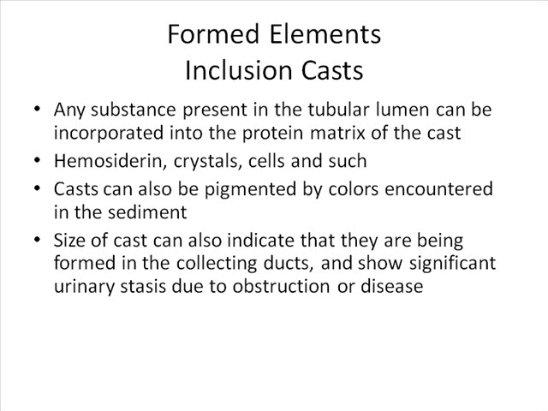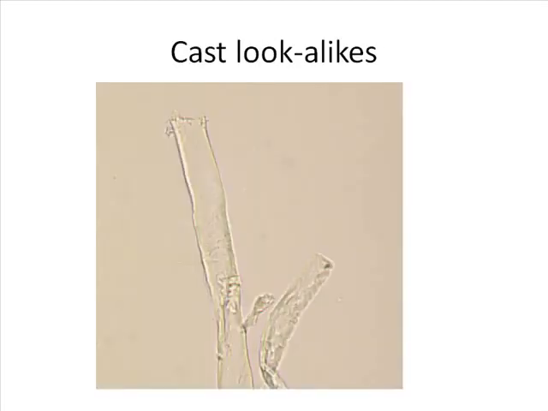So if you have, for instance, calcium oxalate stuck on casts, that could mean that you have maybe a renal calculi that has obstructed some part of the kidney, and you have those crystals being formed, and your urine is being formed very slowly. It's not moving through the tubules as fast as it should.